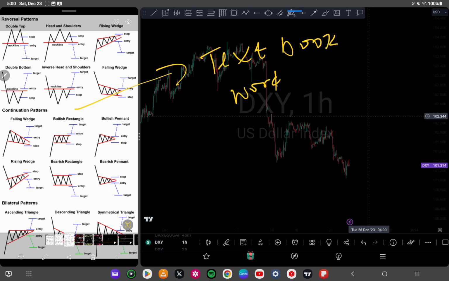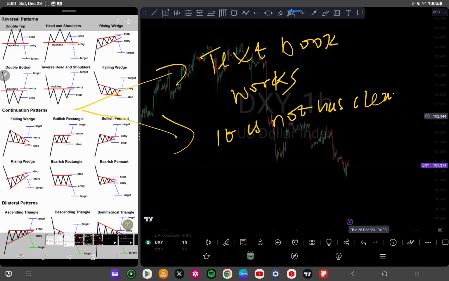Most of the time it is not as clean to identify as it looks here. It looks very clean here, but in the real-life market, guys, it's not as clean as this.